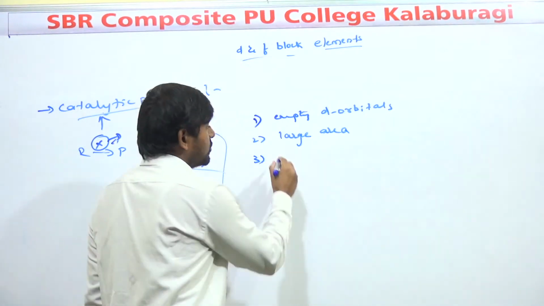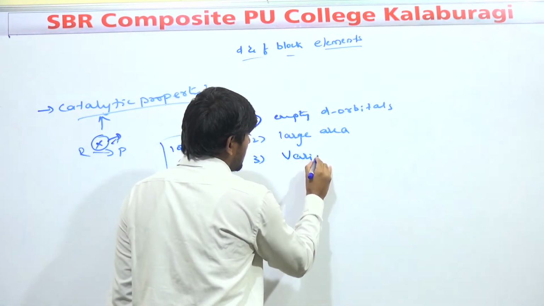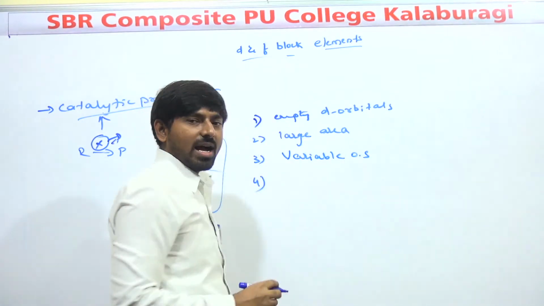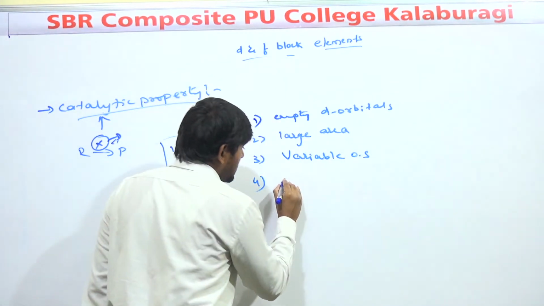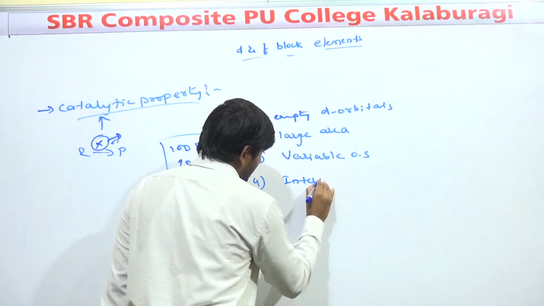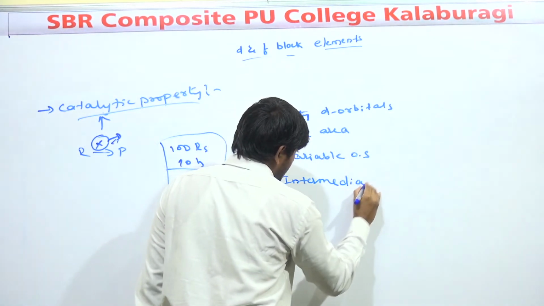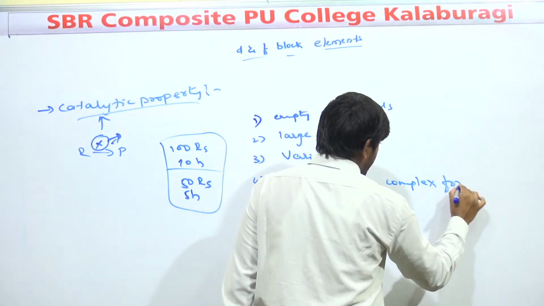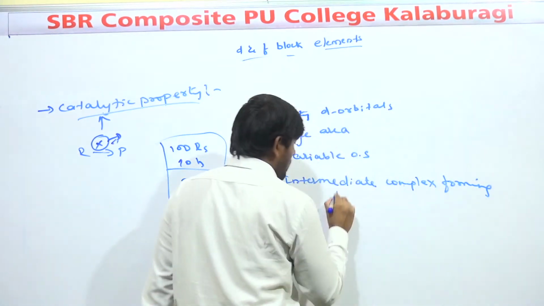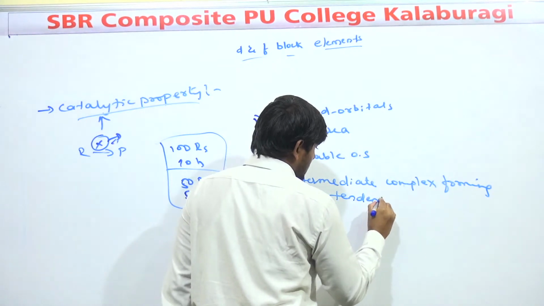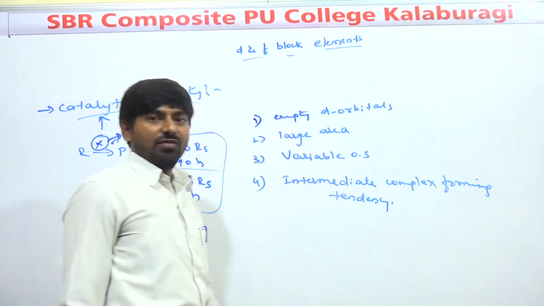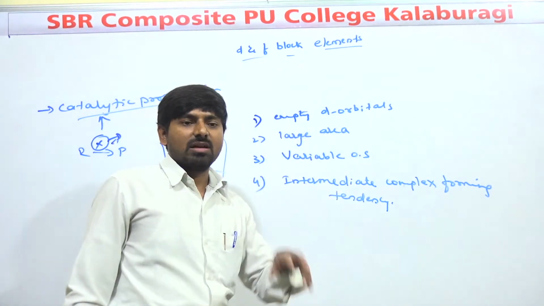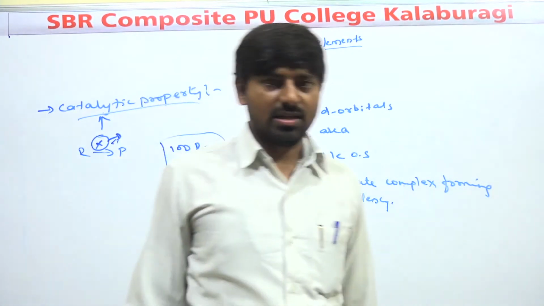Then it should show variable oxidation states, and it should have an intermediate complex forming tendency. If a given substance follows these points, then that chemical will act like a catalyst.